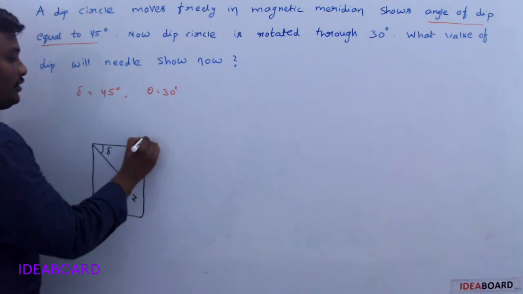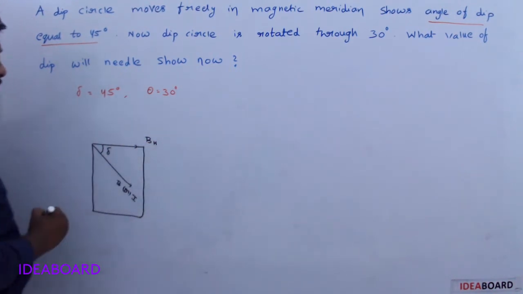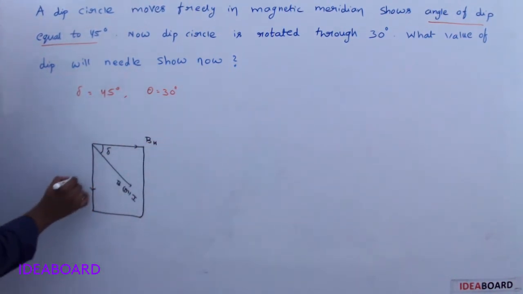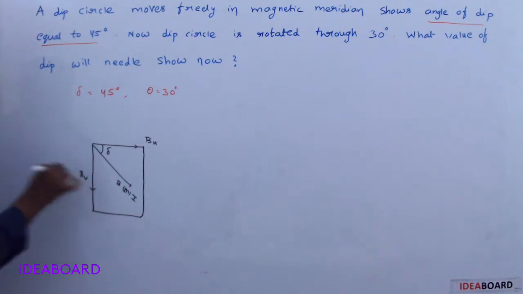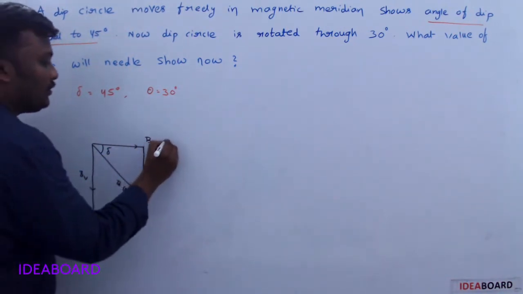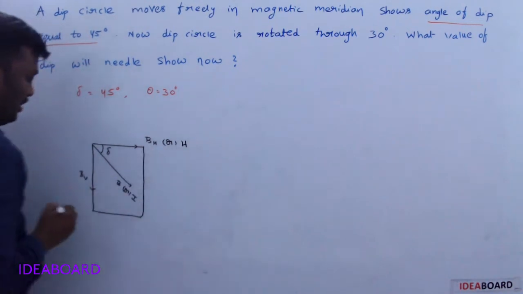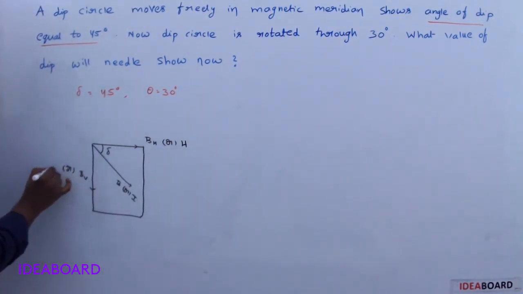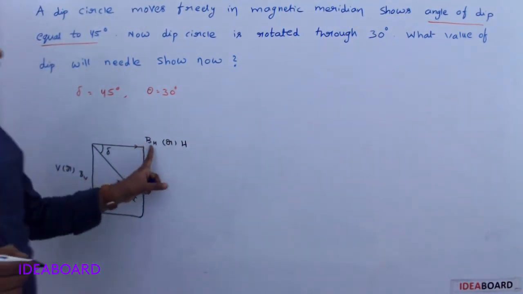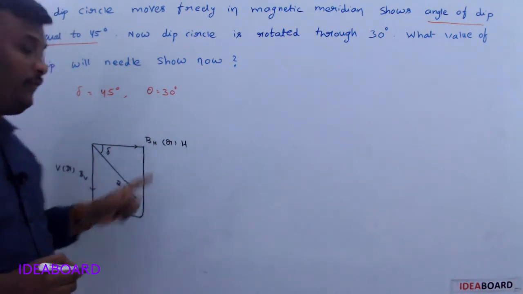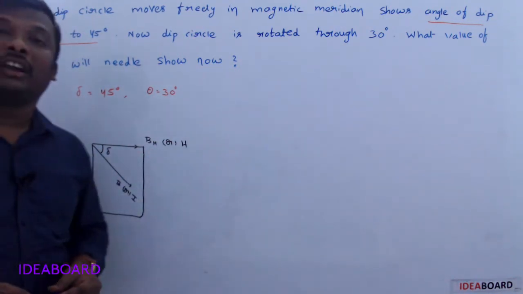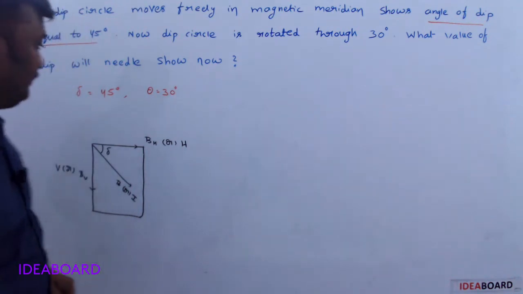Along the horizontal direction it is denoted by BH, and in the vertical direction by BV. BH is the horizontal component of the earth's magnetic field. BV is the vertical component of the earth's magnetic field.